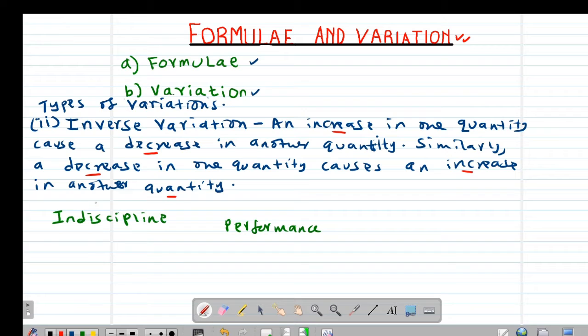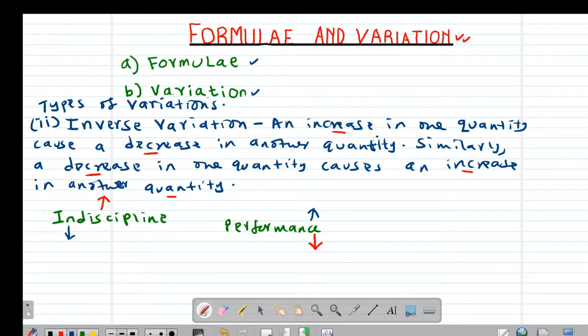Should the level of indiscipline go high, then we expect the performance to be very low or very dismal. Then, should the level of indiscipline go down, we expect a corresponding increase in the level of performance, whether it is academic performance or any other type of performance, maybe in a given job environment, etc.